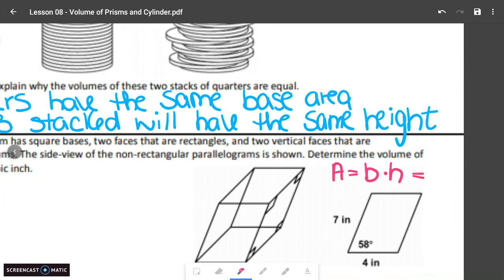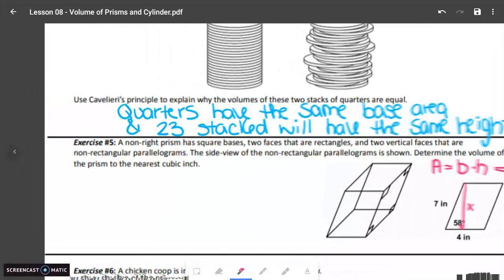So if I take 7 times 4, well, actually, we don't necessarily have the height just yet. So we're going to have to find that height. Well, we're going to use the 7 to help us, though. We're missing a piece of a right triangle. So we are looking for the opposite, and we have the hypotenuse. So we're going to use sine for a moment.